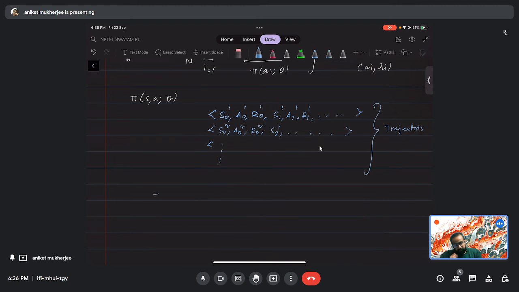And then my performance measure would be 1 by n, summation i equals 1 to n, over the n trajectories.